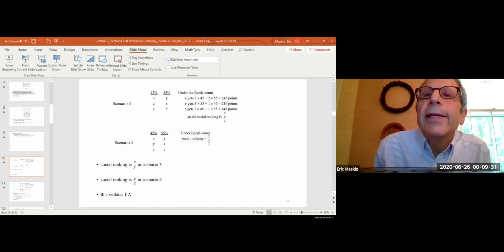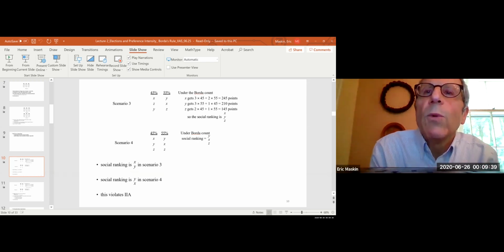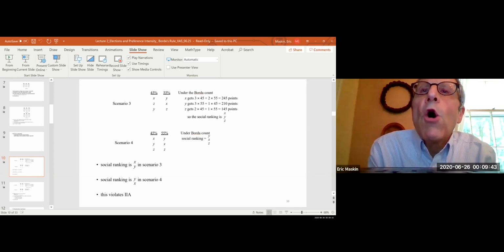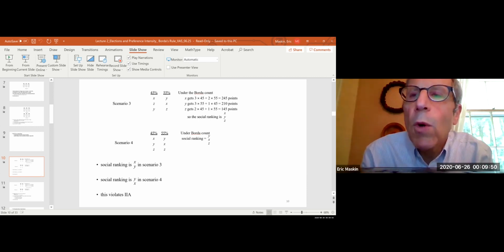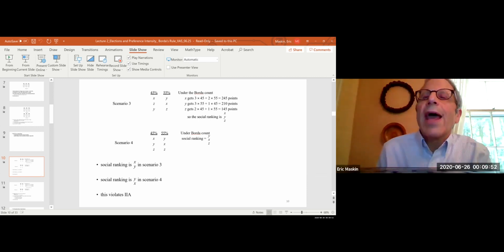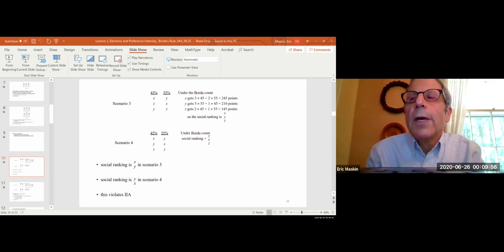So about 92% plus is the probability of there being a Condorcet winner. But that actually overstates the problem. Preferences are much more highly correlated than an IID draw would suggest.